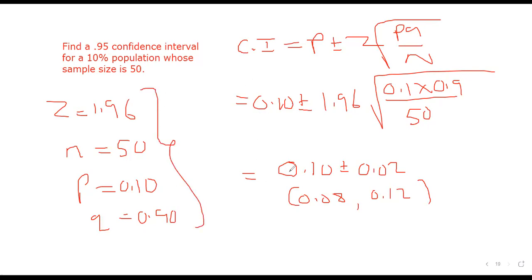You can leave it in decimal or percentage form, still correct. I repeat, this was just an arbitrary calculation. Just be careful with letter case so that you get correct figures for good interpretation. All right. Let's go to another question.